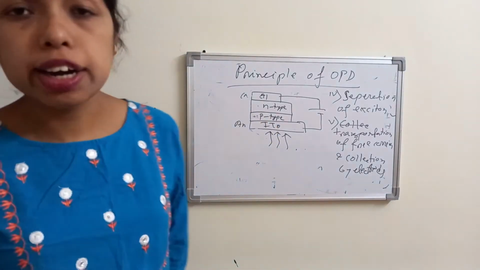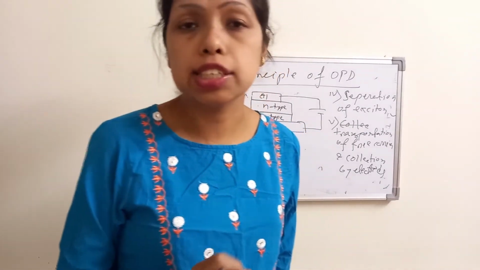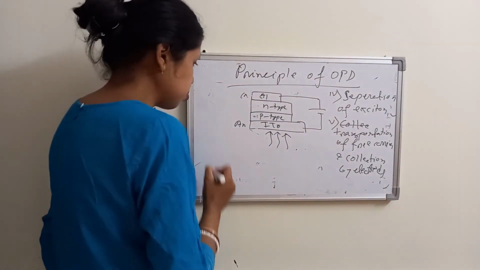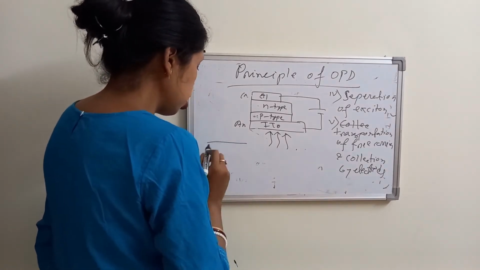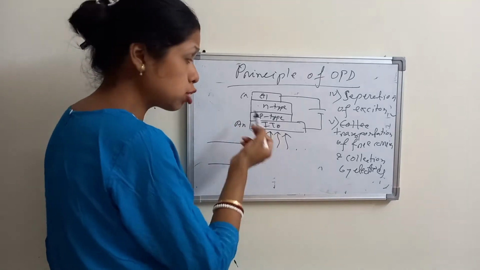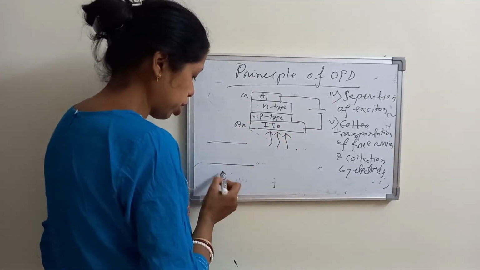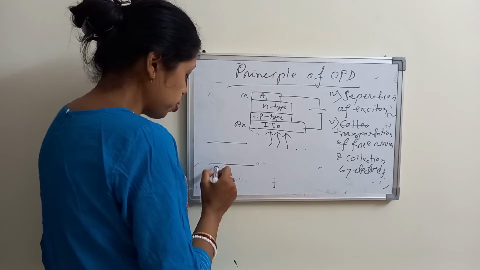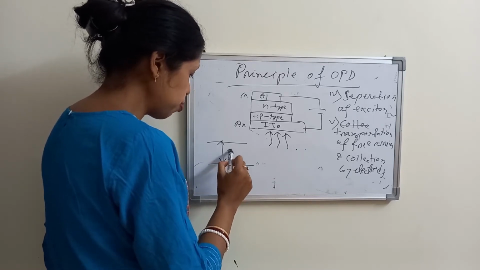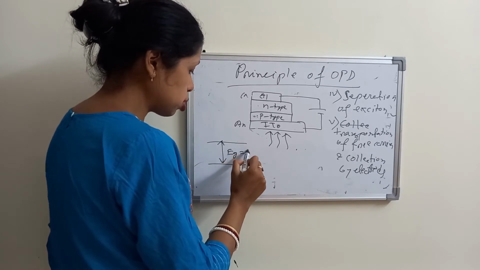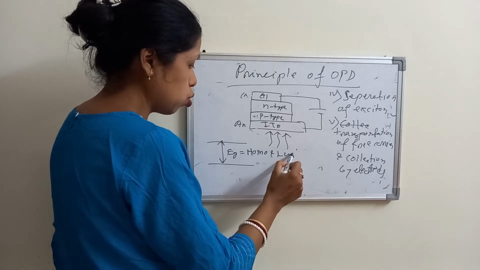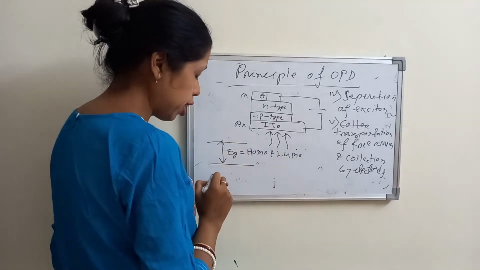So what criteria should be matched to produce the exciton inside the p-type layer? Suppose this is a p-type semiconductor, meaning you have to use a p-type organic semiconductor, right? So this is the band gap. Band gap Eg is the energy difference between HOMO and LUMO of the p-type semiconductor, right?